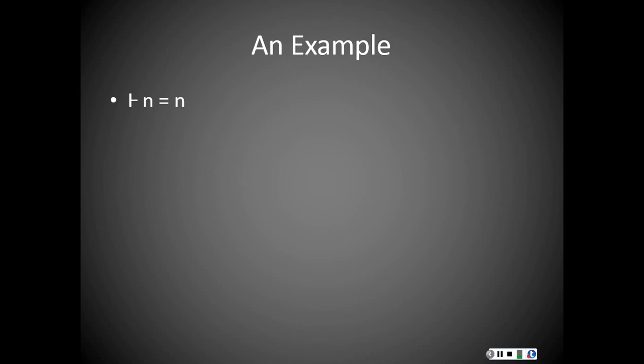So here is the sequence that I just said we wanted to be able to prove in our system. And the rule of identity introduction allows us to do this in a very straightforward way. The proof of this sequence requires only one line. We just write down N equals N, and what justifies us in doing that is the rule of identity introduction. And that completes that proof.